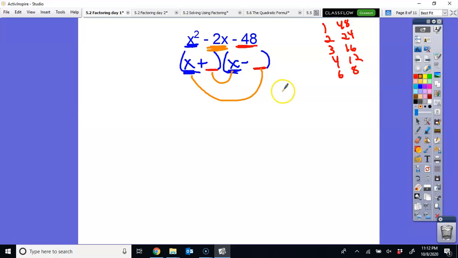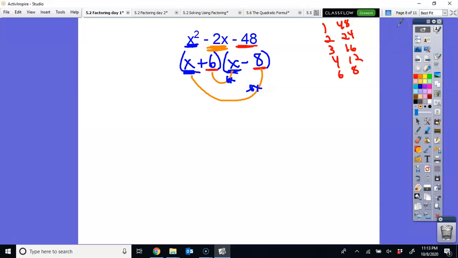But I'm going backwards and splitting it up. But I can still think about multiplication. Whatever I put here and here has to multiply to 48, and it has to add up to -2. So yes, hopefully some of you figured it out by now. +6 and -8 would give me 6x and -8x.